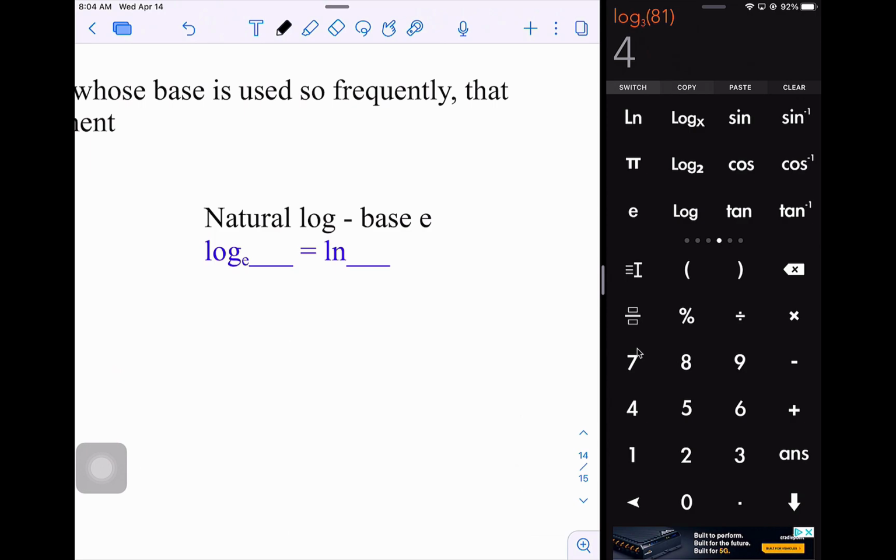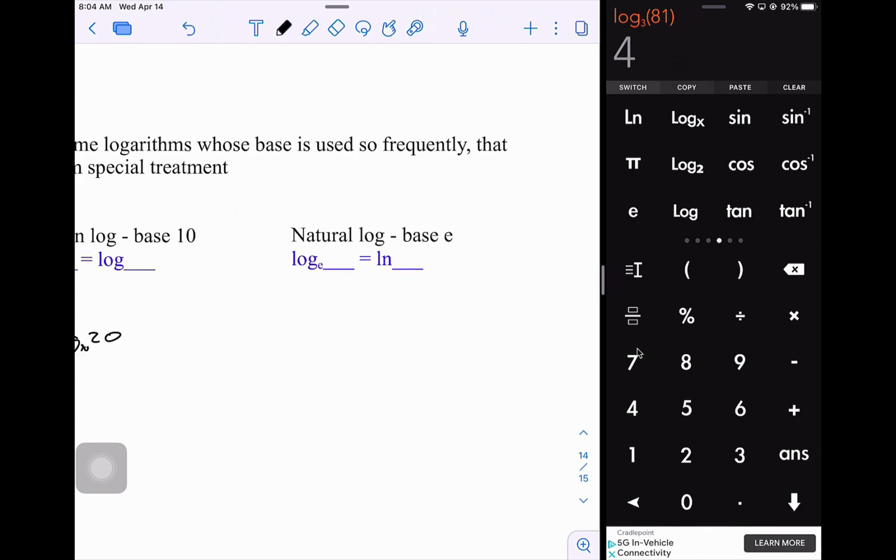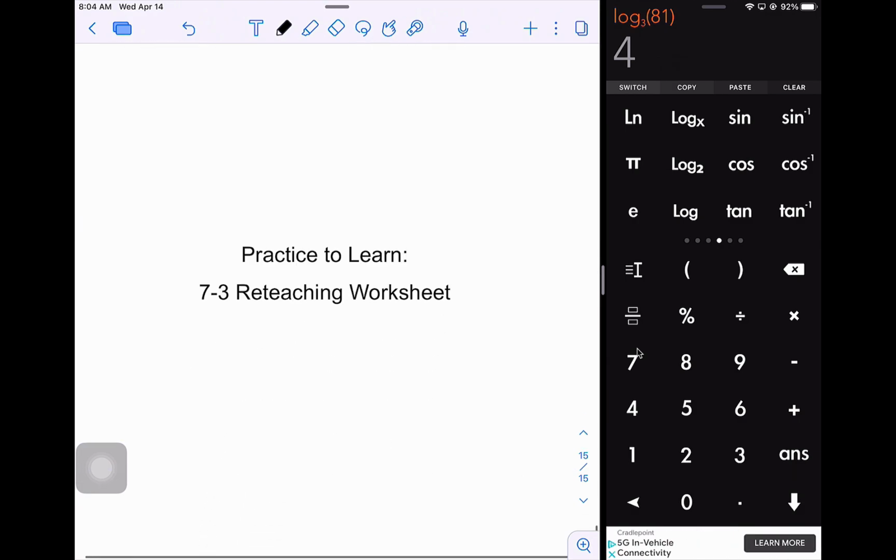Okay? And your goal for today and tomorrow, I'm going to have some more practice for you tomorrow in general. We'll add a little bit to this, but probably not a lot. Your goal is to continually be able to work back and forth between the two forms. Okay? And the assignment that I'm going to give you today is a reteaching worksheet. There's not a lot of problems on it, so I don't think it'll take you a real long time.